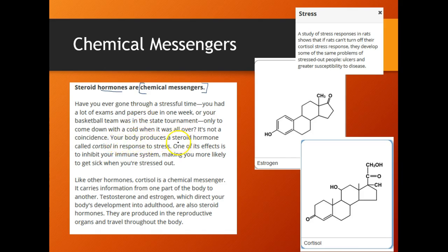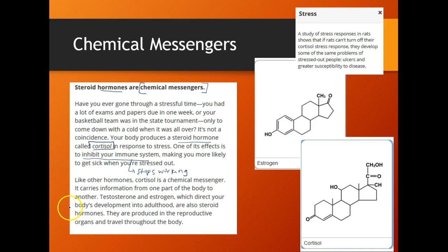Your body produces a steroid hormone called cortisol when you are really stressed out. And one of the effects of cortisol is that it inhibits your immune system. So your immune system stops working as efficiently. Okay, so this makes you more likely to get sick when you're stressed out.